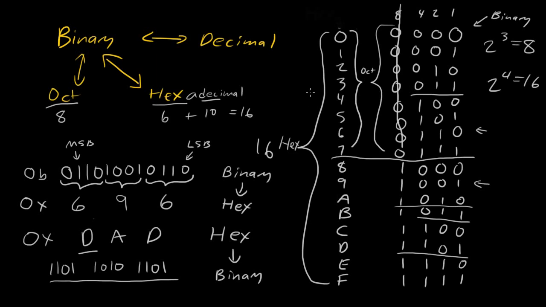So I'm kind of out of space. Let me just do this separately. So we did binary to hex and hex to binary. So let's take a look. We want to look at binary to octal and back. So if we have binary and octal, we say 0, 1, 2, 3, 4, 5, 6, 7.